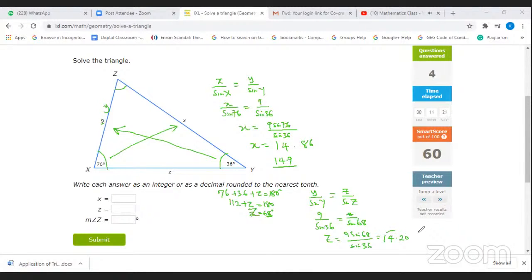Let's quickly plug in our values. The value of x, the way we have got it there, is 14.9. The value of small z is what we got as 14.2. And then angle Z is what we got as 68 degrees. So we can submit now.